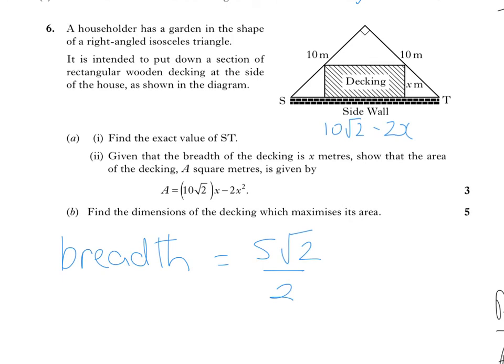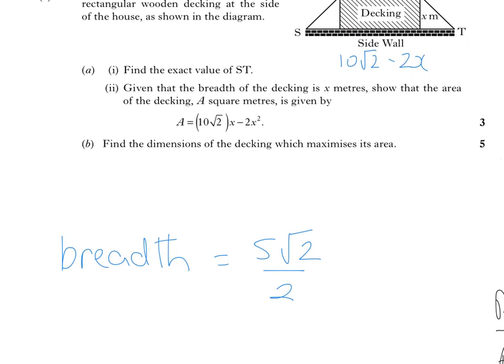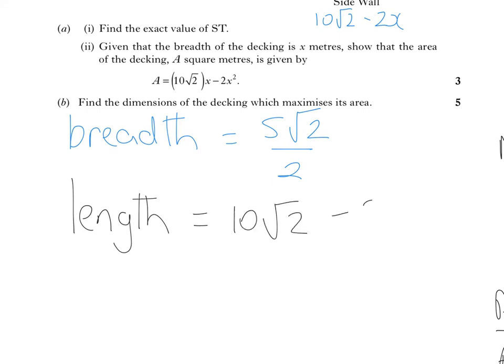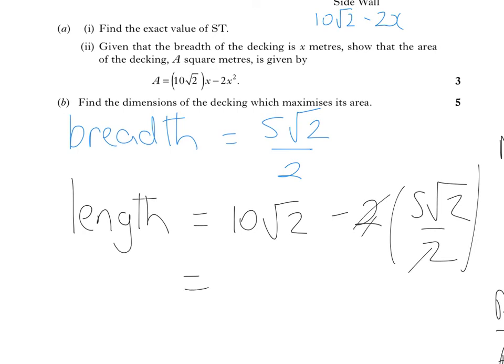For the length of the decking given up here, we'll just take that 5 root 2 over 2 and sub it into here for x. So the length of the decking will be 10 root 2 minus 2 lots of 5 root 2 over 2. The 2s go, 10 root 2 minus 5 root 2, and that's 5 root 2, and that's the final answer to the question.